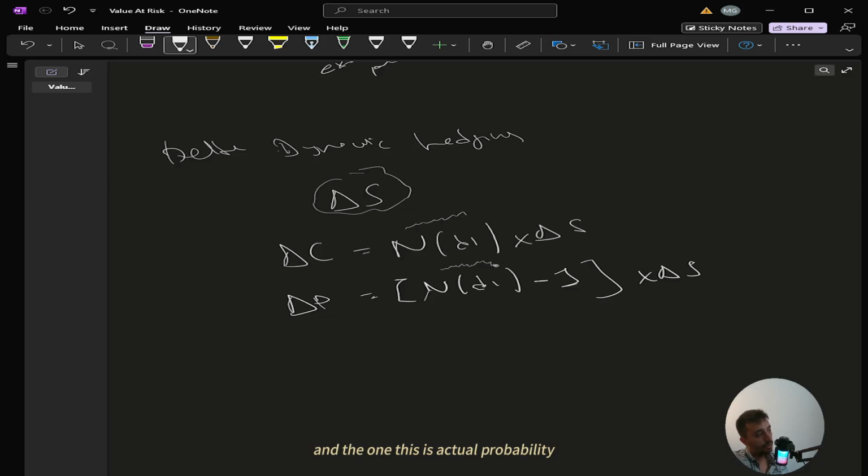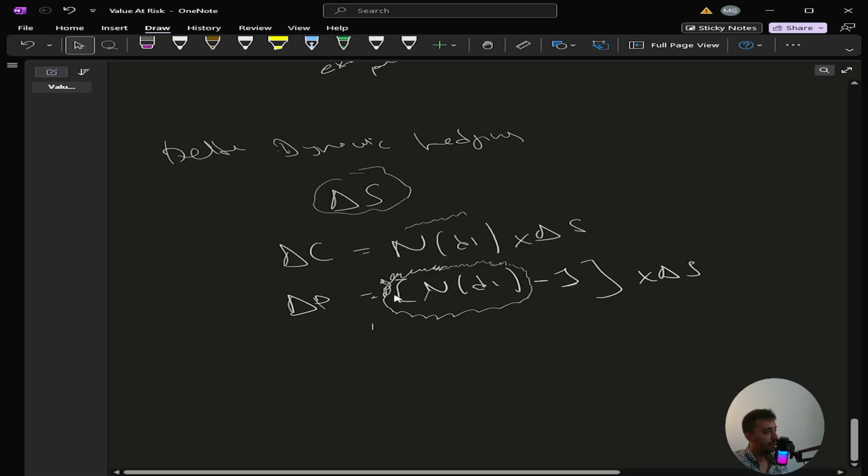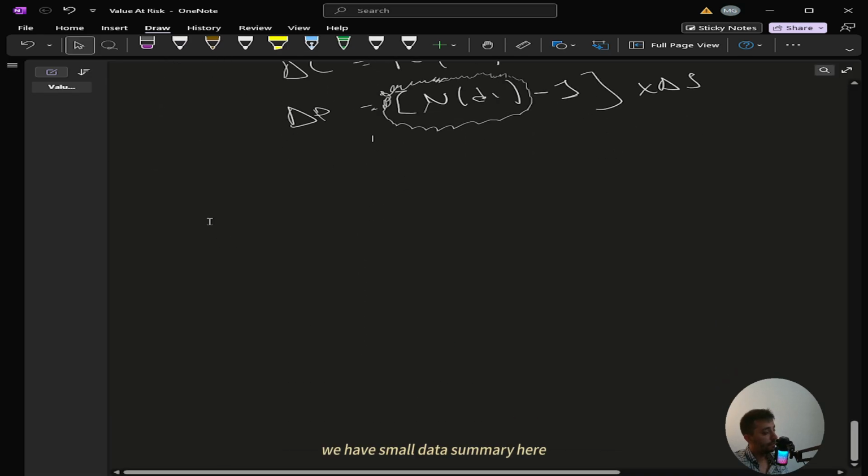This is the actual probability of occurring in the price in the future. This is really simple. And we have more of a delta summary here.